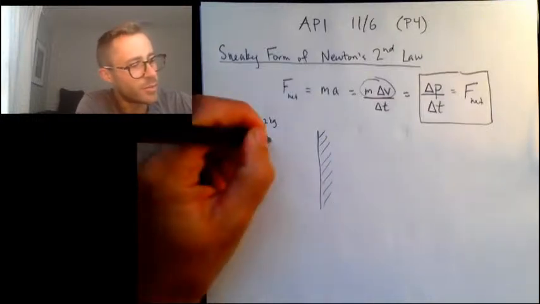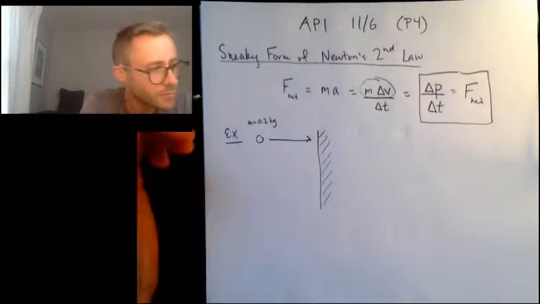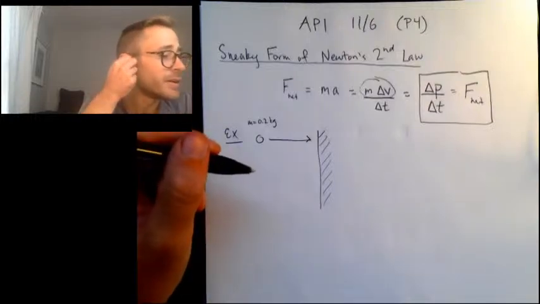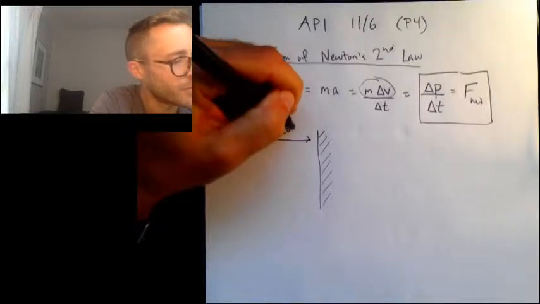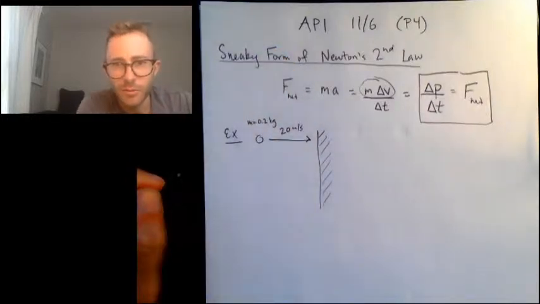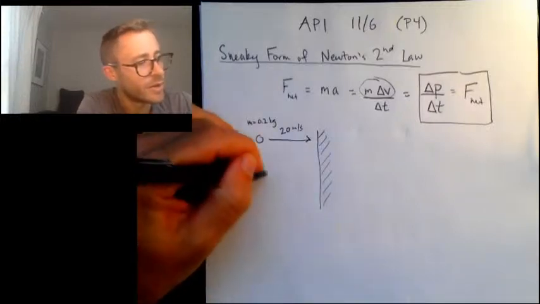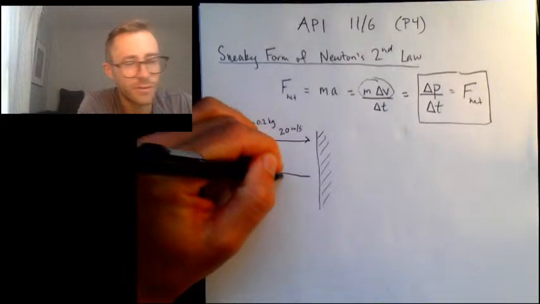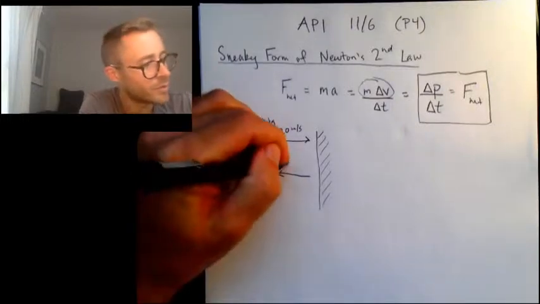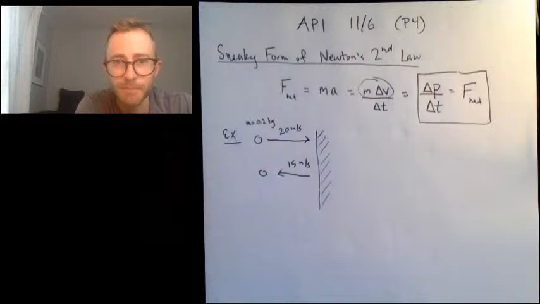And the ball approaches the wall with a speed of, let's say, I don't know, 20 meters per second. And we'll say that the collision isn't perfectly elastic. So after hitting the wall, the ball bounces back and it loses some of its speed. So it bounces back with only 15 meters per second of speed.